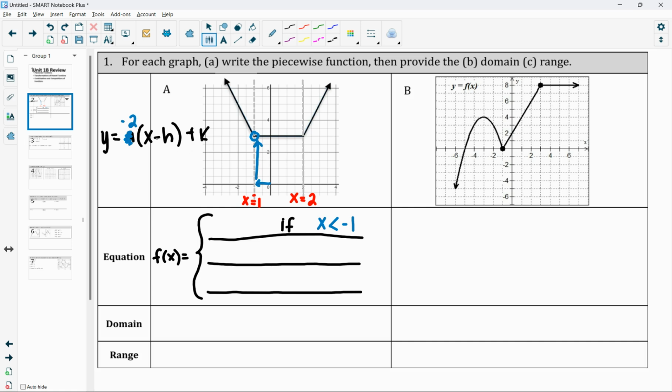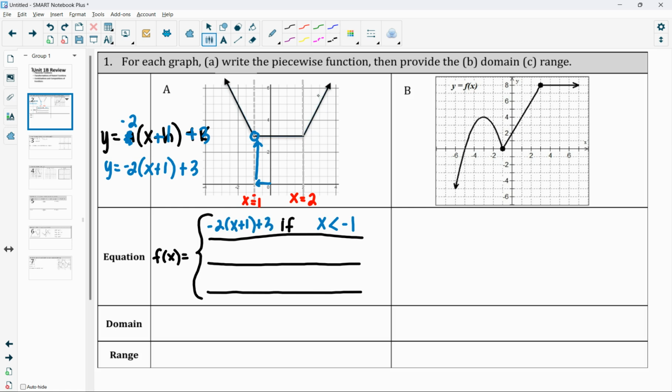So if I want this to go 1 to the left, then this parenthesis would say x plus 1. And if I want it to go up 3, then we'd have a plus 3 on the outside. So you could also write your equation like this: -2 times x plus 1, plus 3. And that would be the same thing as the slope-intercept form. It just depends on what you like. Either of those are perfectly fine.